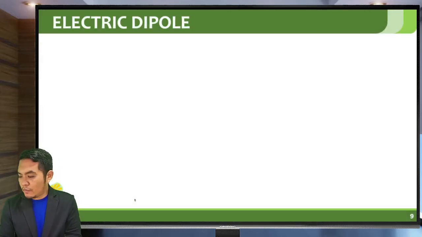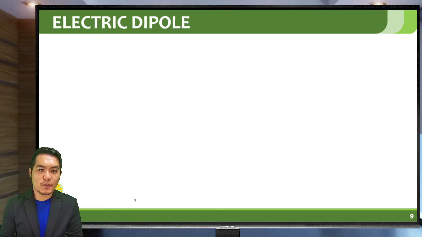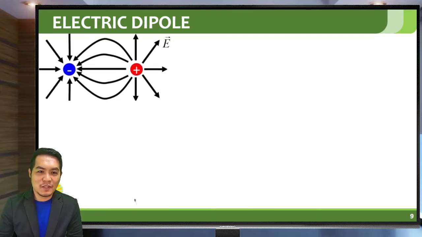Okay, let's now focus on the electric dipole, because most of the time we will be encountering the electric dipole more than the monopole or the quadrupole terms. This is what we call a physical dipole, a pair of positive and negative charges with the same magnitude q.